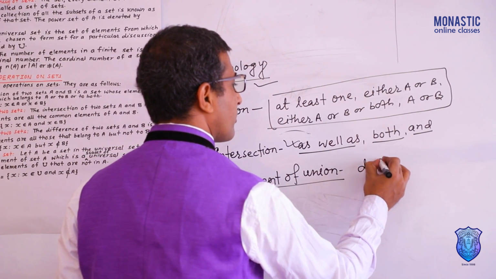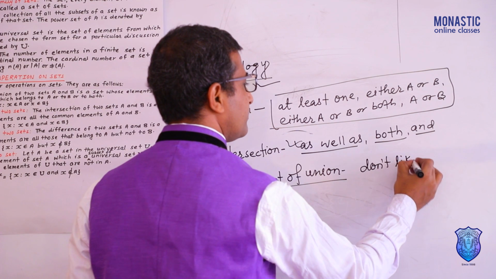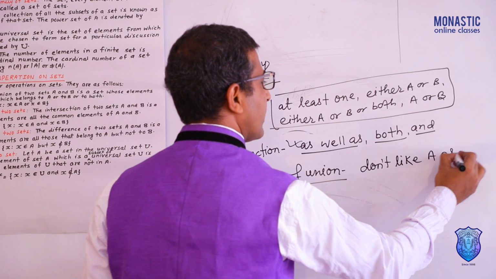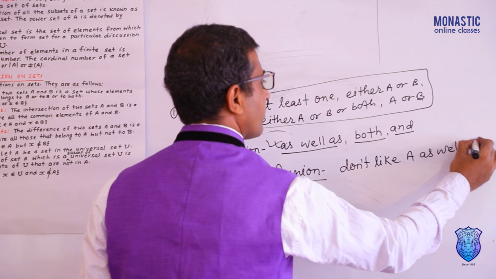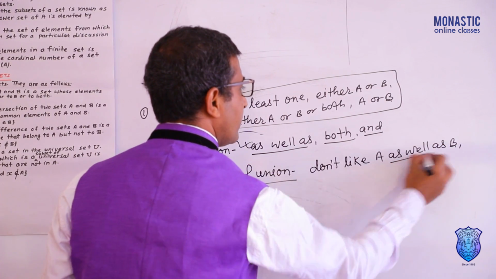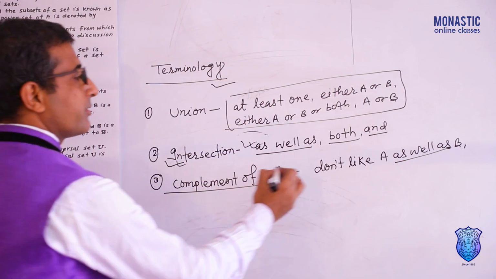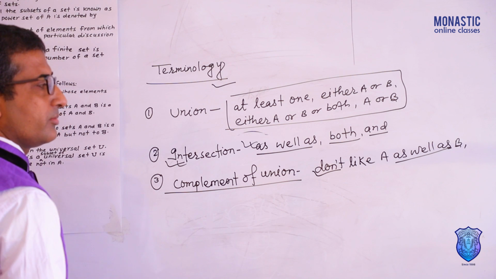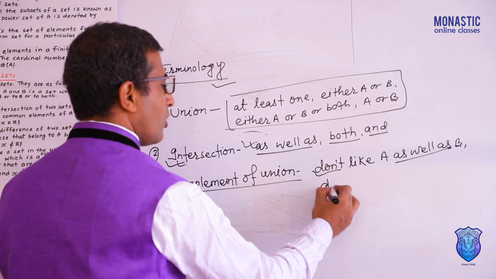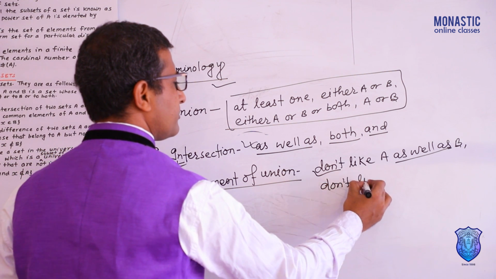Don't like A as well as B. Here also is as well as B, but the meaning is negative. Don't like both.